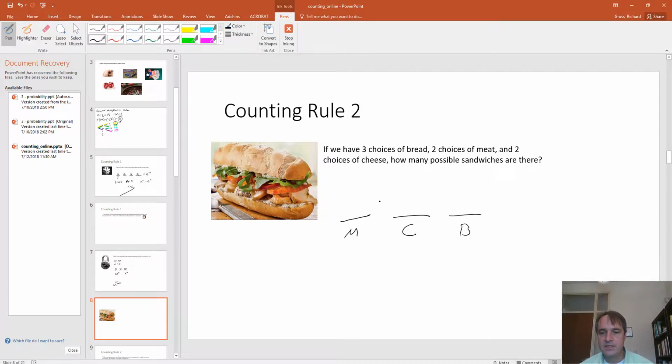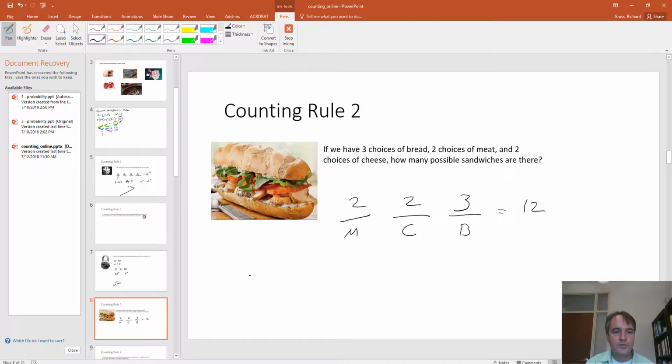So meat, cheese, and bread. So these will be our different slots. So how many different breads do we have? We've got 3 breads, and we've got 2 meats, and we've got 2 cheeses. Okay, so 3 times 2 times 2 is 12. So 12 different possible sandwiches.